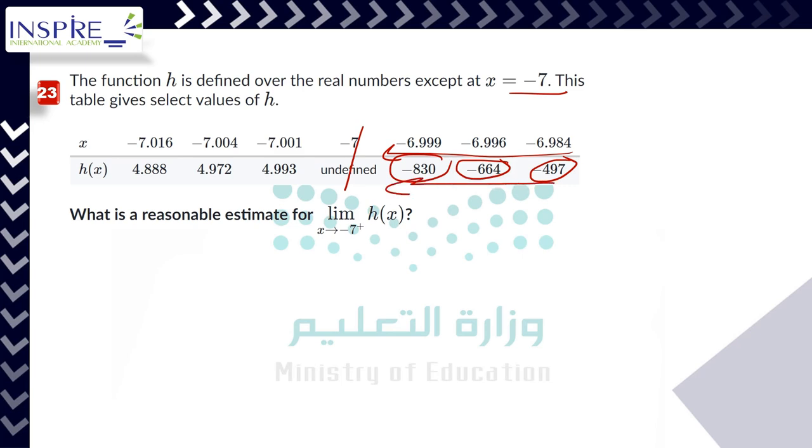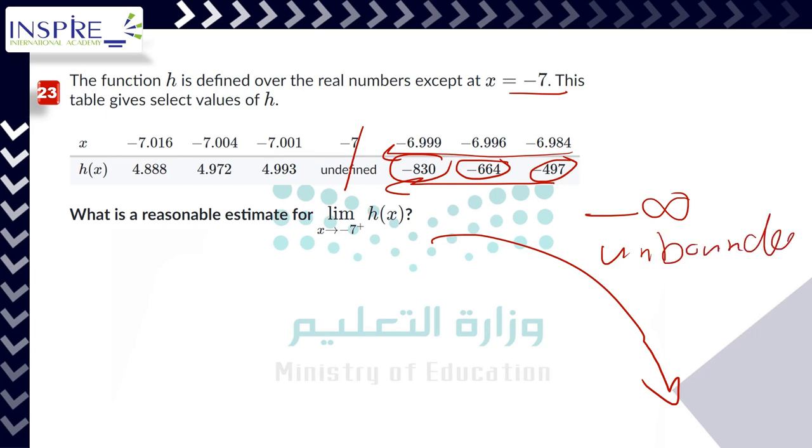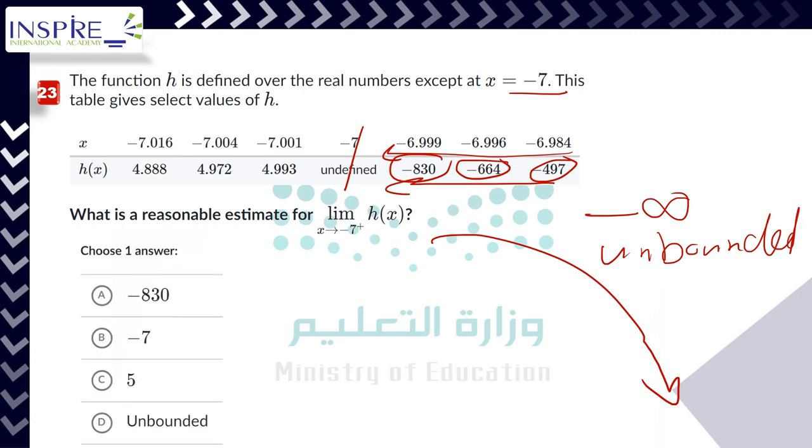The numbers are getting small very fast this time. So the function is making a curve like this if you draw it. So it's heading to negative infinity. If you didn't find negative infinity, it will be unbounded. And if you didn't find unbounded, it will be doesn't exist. So we'll choose unbounded here.